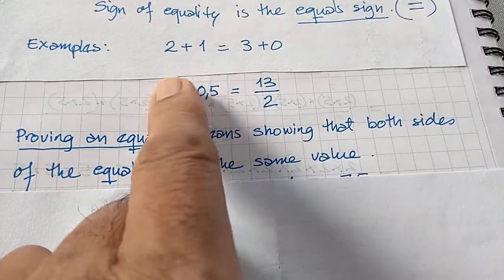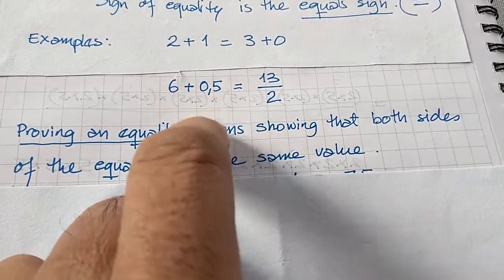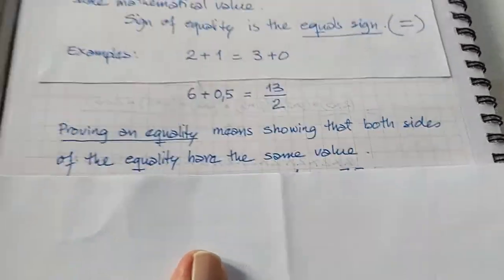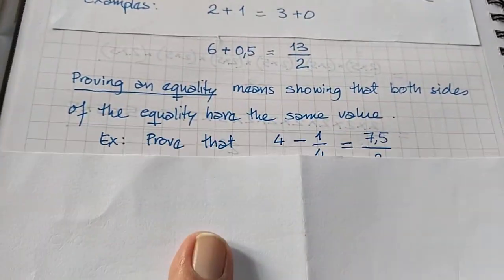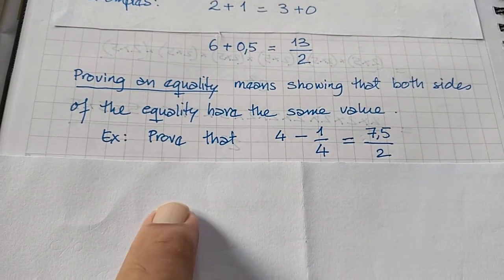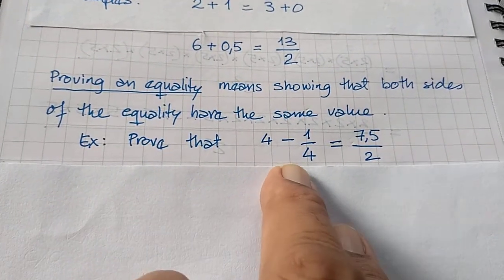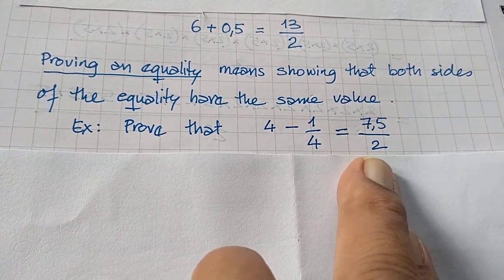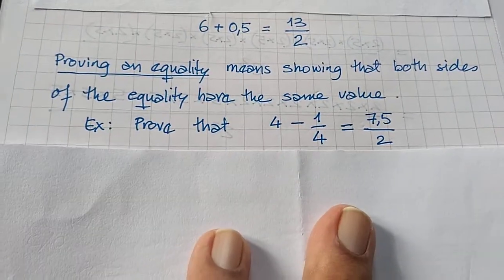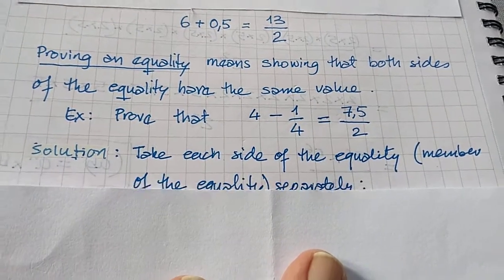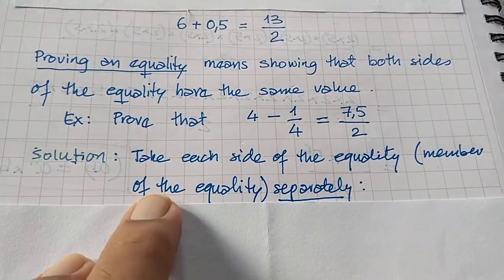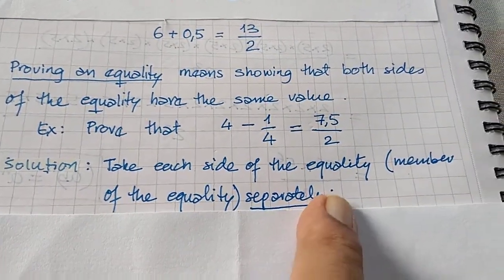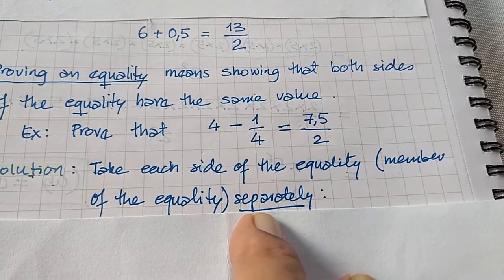Now I said it in such a lengthy way because that is how you have to prove an equality. So suppose I say prove that 4 minus 1 over 4 is equal to 7.5 over 2. The way to do it is to take each side of the equality, each member of the equality, separately.